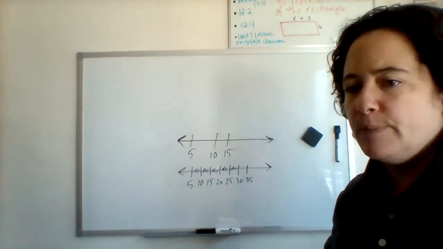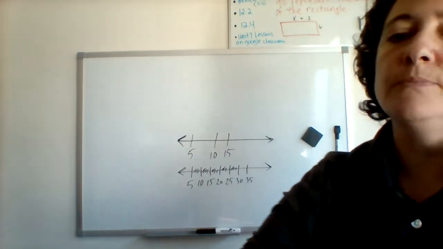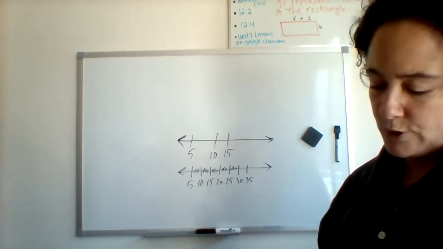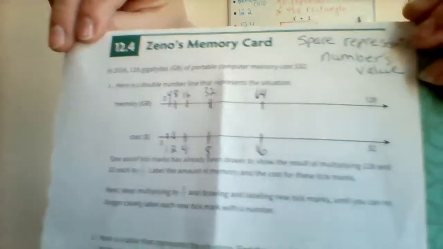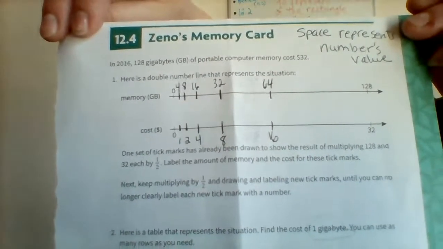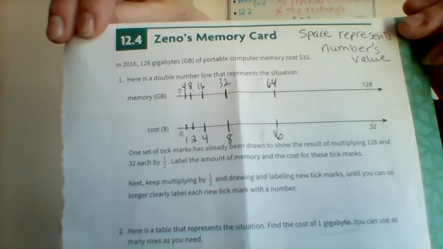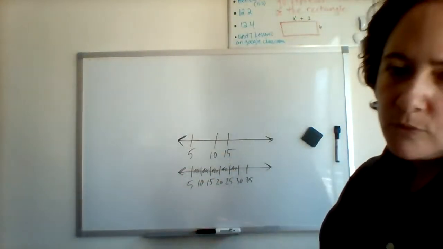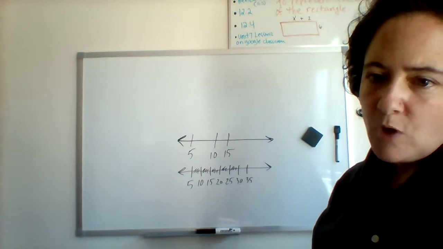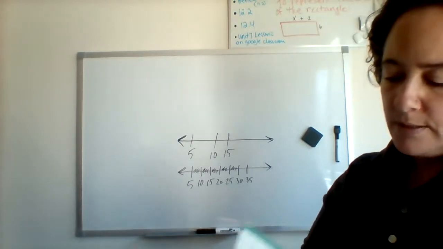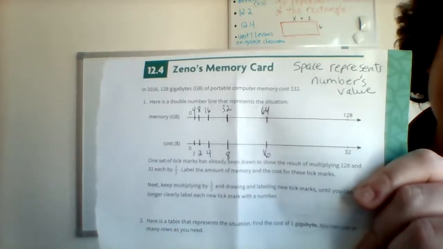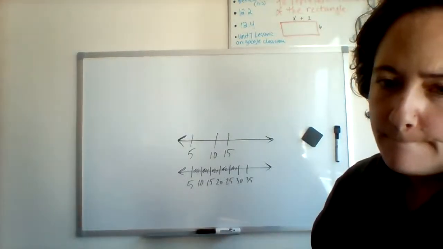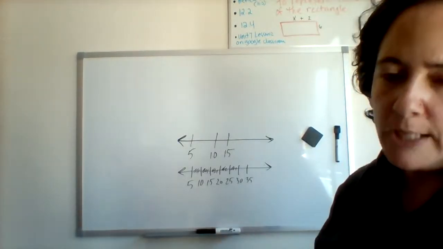You think that it's going to be 4? Brian, let me ask you a question. Are you getting the 4 because of what's on the double number line or because of the table? Are you saying 4 because over here it says 4 gigabytes? I don't have a box.